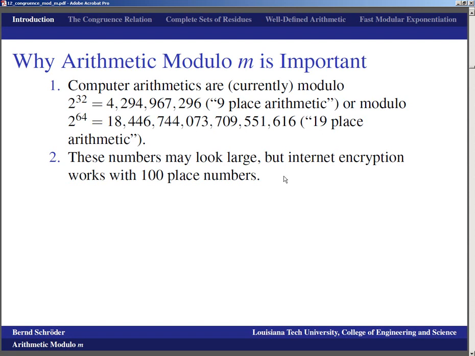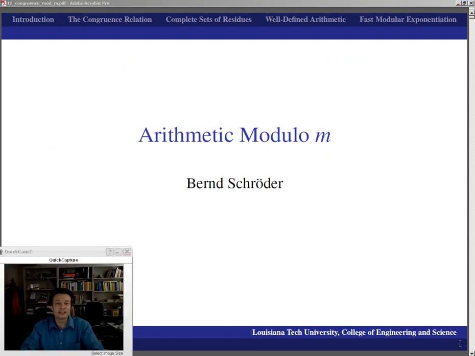Okay, now that we've talked about some factorizations, and now that we've gotten an idea that in the future, in this course and in the present of internet security, large numbers are playing a big role, it's time to start thinking about how to actually put large numbers into a computer so that we can do arithmetic with large numbers.